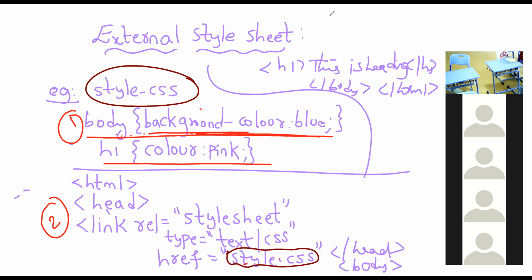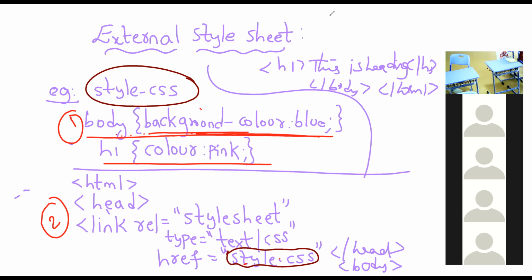Right? So in external, what if you want to apply a different font or background for the next web page? Like for the first web page you have all the declaration, but for the second web page you want to change it. So how can you change that?